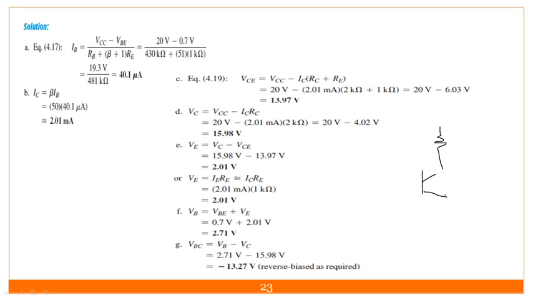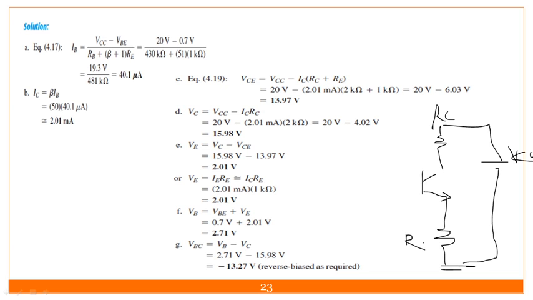Don't modify anything in this diagram. Like this one. So this is my VCC, this is RC, this is RE, and the drop across this is my VCE.